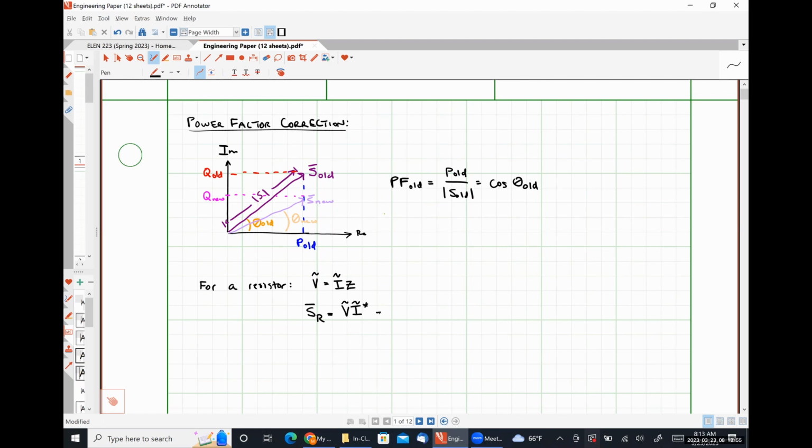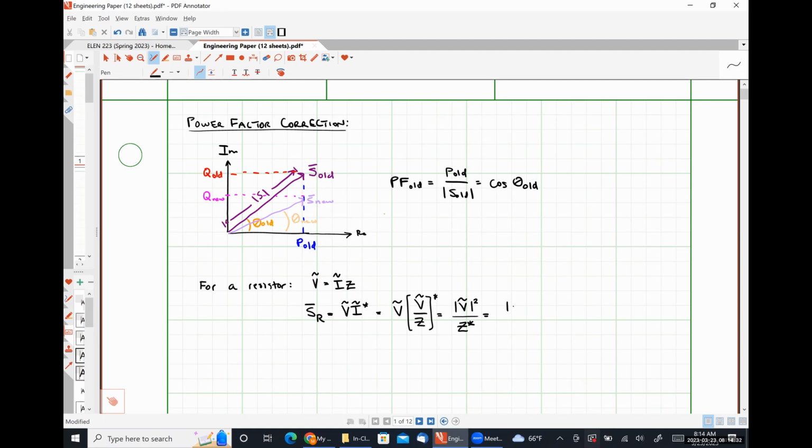So if I substitute in I as V over Z, what we're going to get is V times V over Z conjugate, which is going to look like the magnitude of our voltage squared divided by the conjugate of Z. And for a resistor, our impedance is simply real, right?